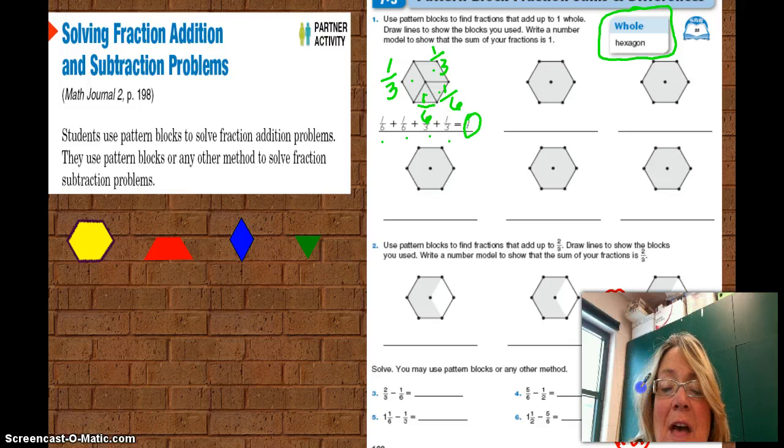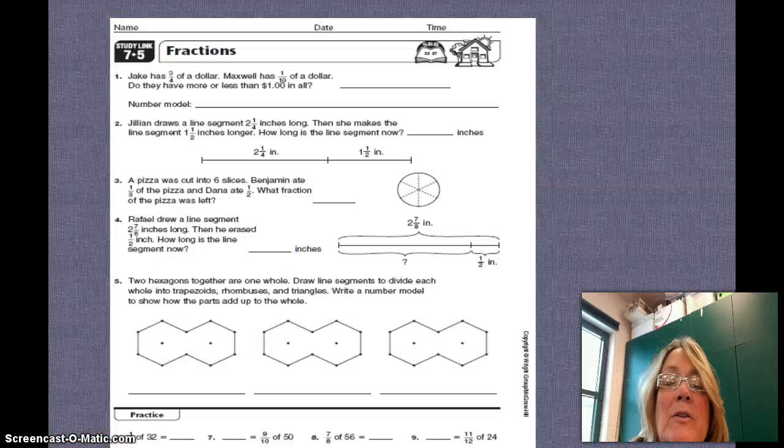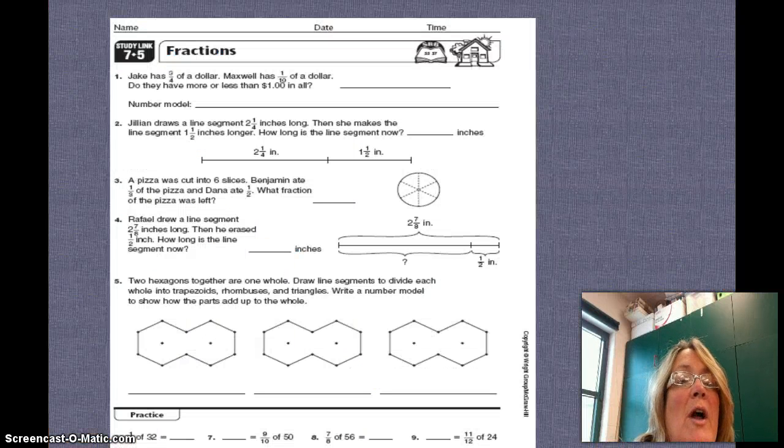Now that I have that figured out and I have 2 fractions with the same denominator, I can finish my work. 4 minus 1 is 3, and my denominator stays the same, 6, which also equals half. That is just another method you may use to figure out your answers. Go ahead and work on the study link. Pay close attention to what your whole is, and good luck.